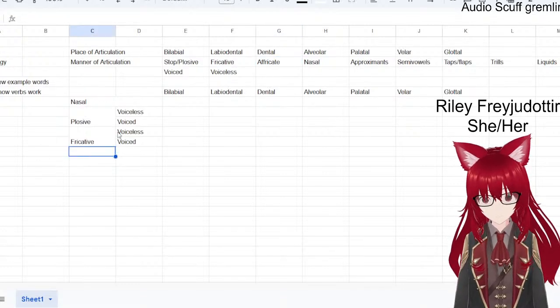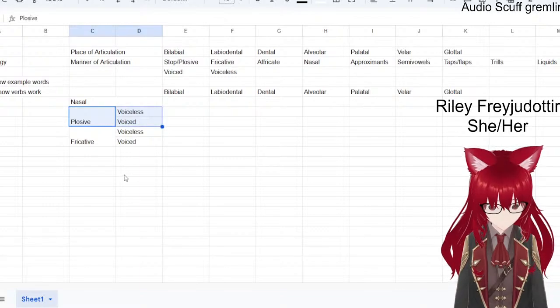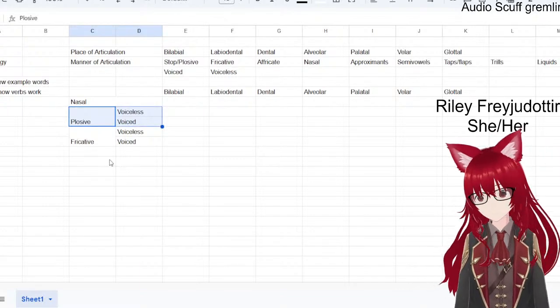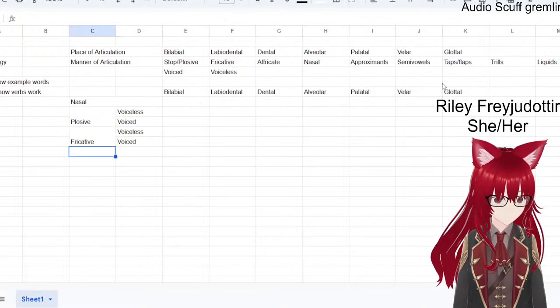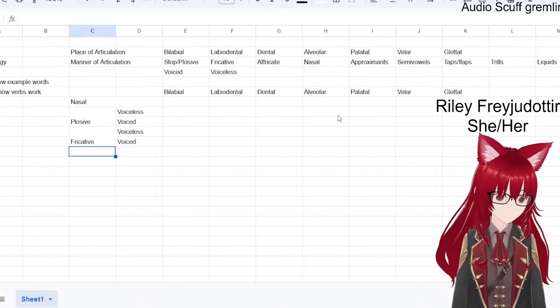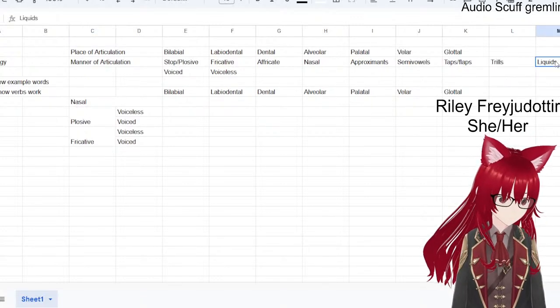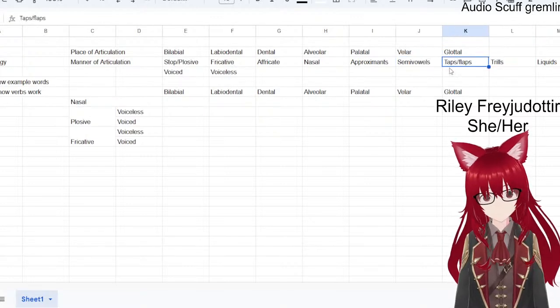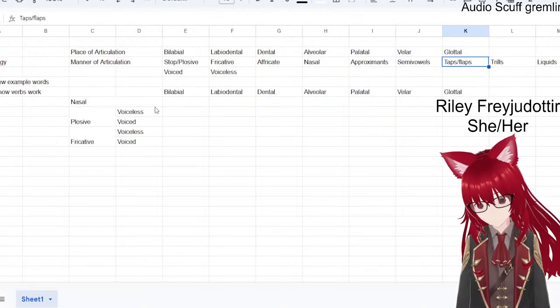But I'm not going to put them here, because we're actually going to put the affricates in the closest section, and I'll explain why when we get to it. Let's see, do taps or flaps. So we're going to have the tapped R like in Spanish.